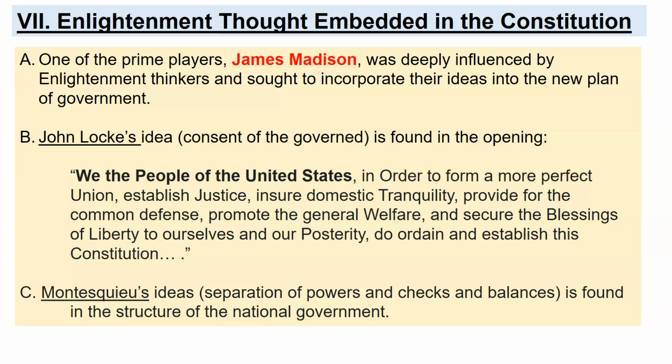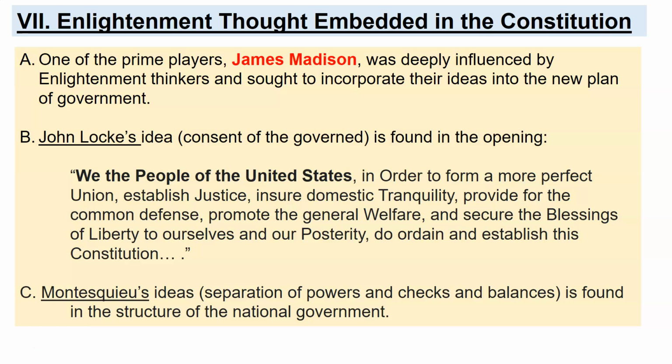And again, he was somebody that was deeply influenced by the men of the Enlightenment, specifically John Locke: We the People of the United States, all that kind of stuff. You can read this on screen. This shows a connection. It's about the consent of the governed.